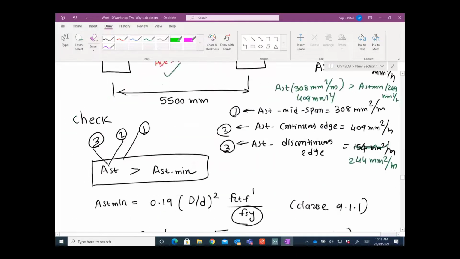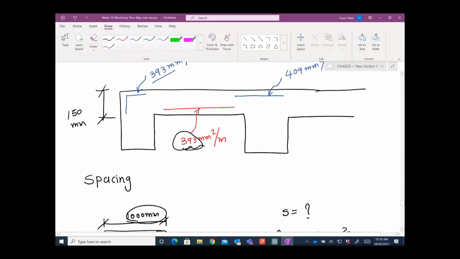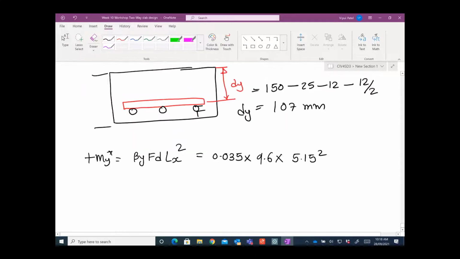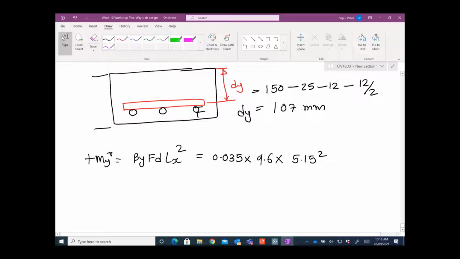Look, the procedure would be exactly the same, just some factors would be different. 0.035 times 9.6 times 5.15 squared. So 8.9. Remember there was 14 kilonewton meters in that x direction.